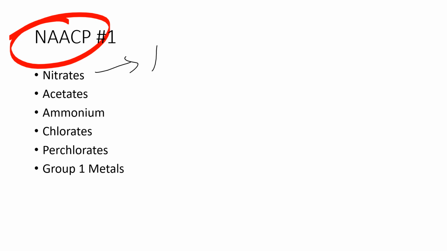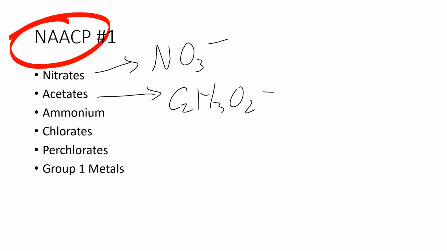The nitrate ion is NO3 minus. Acetate is C2H3O2 minus. Ammonium, NH4 plus. Chlorates, keep in mind this is chlorate, not chloride. There is a difference.